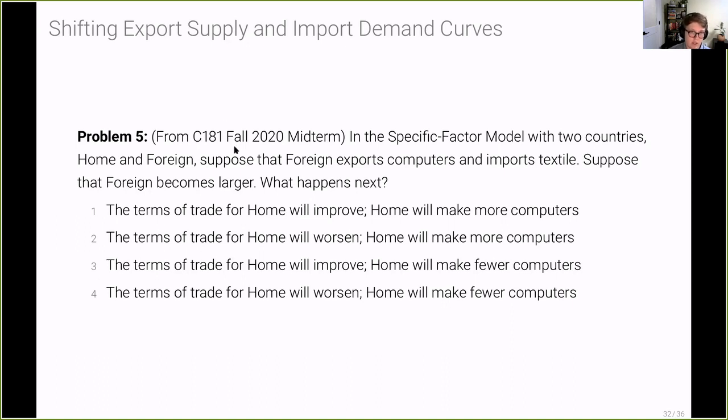So we could just say foreign doubles, to make it similar to the problem that we had before, where foreign was exporting, let's call this good 1, and importing good 2 instead. Oops, this should say textiles. Sorry, this is a typo here. I thought I fixed this, but this should say textiles.